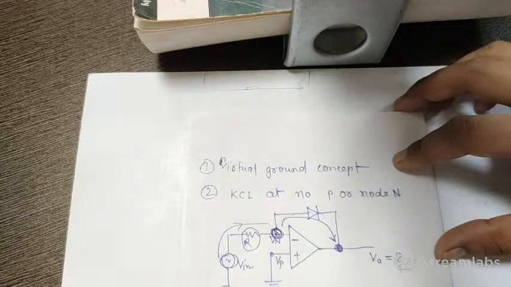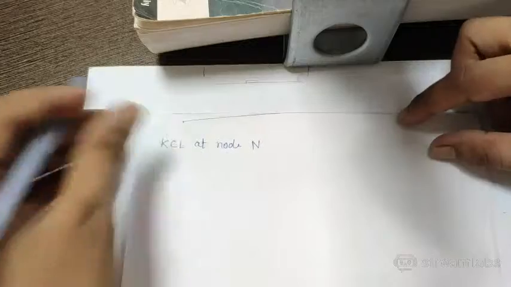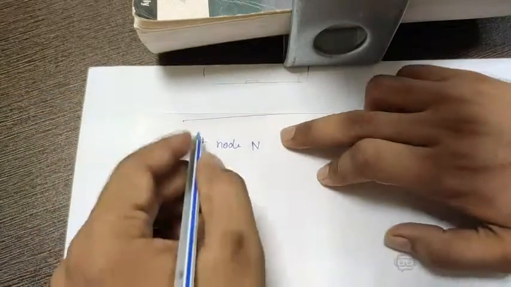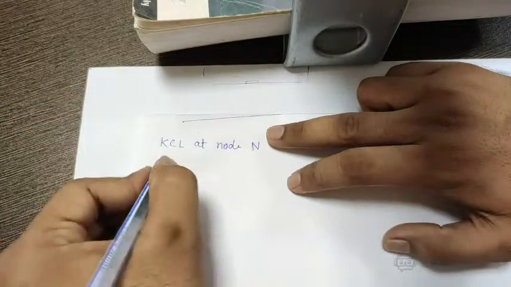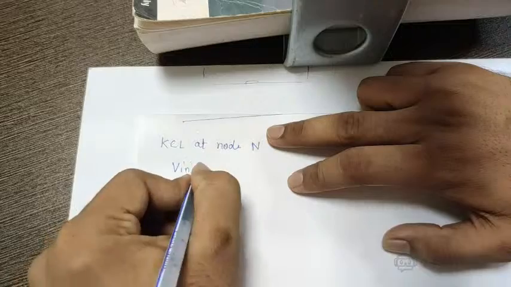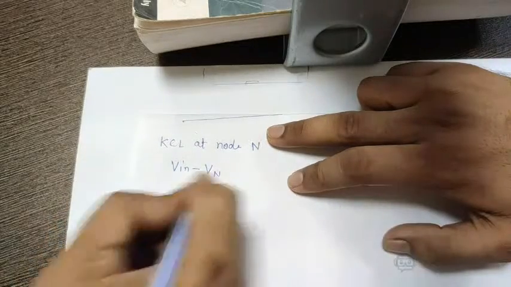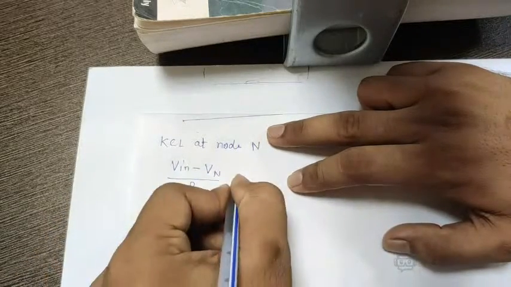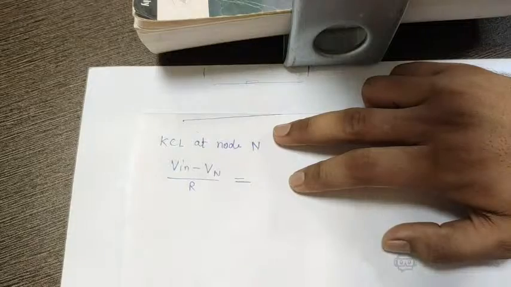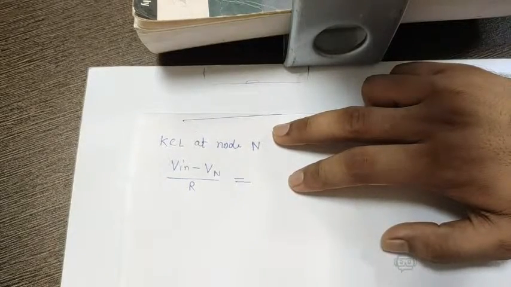Okay, let us go. So KCL at this node, what will be the incoming current? Vin minus Vn upon R. Incoming current is equal to the current through the diode.